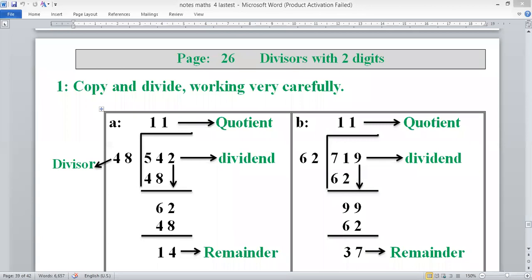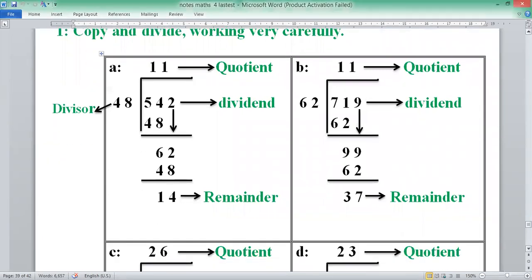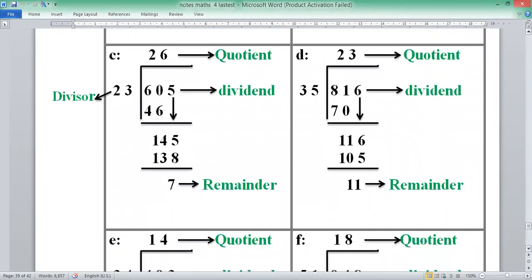So in this way, parts C and D. In part C, 605 divided by 23. First we take 60.